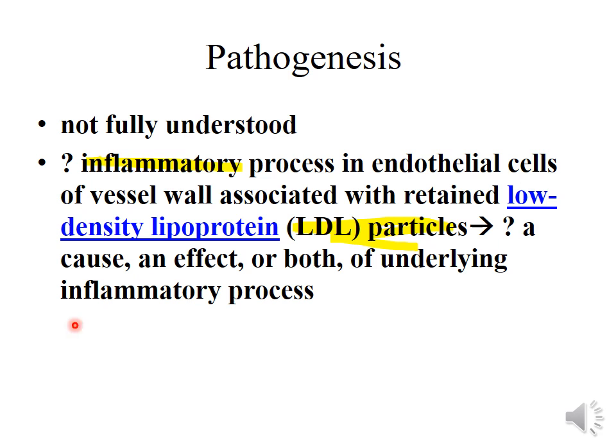It's important at this stage to understand that an inflammatory process inside the endothelial cells of the blood vessel wall that is associated with retention or deposition of low-density lipoprotein particles will have an impact on the formation of atheroma and then the progression of atherosclerosis.